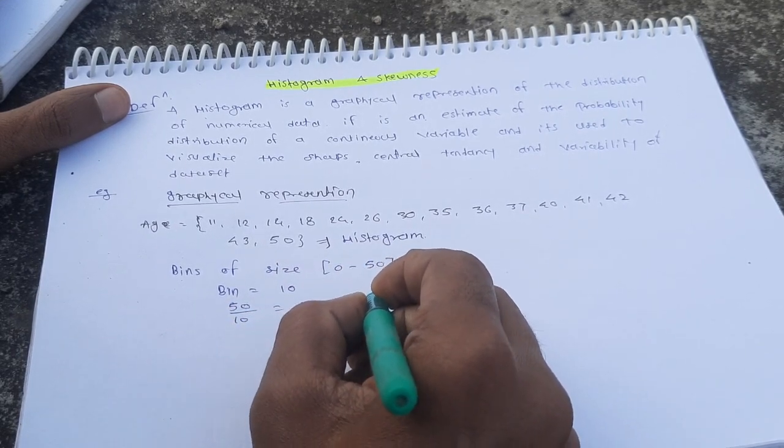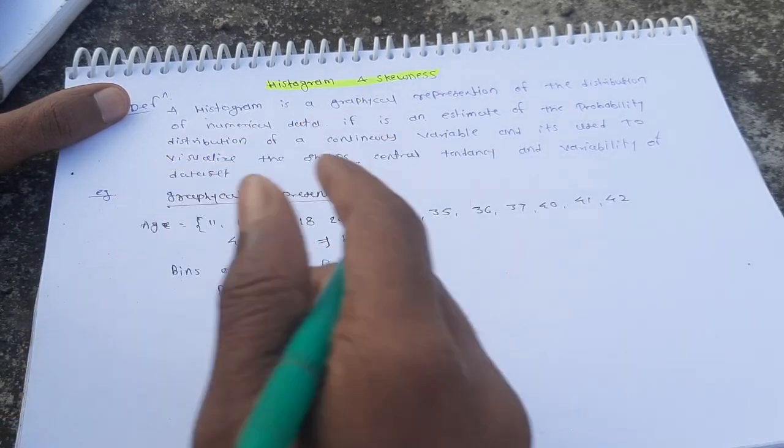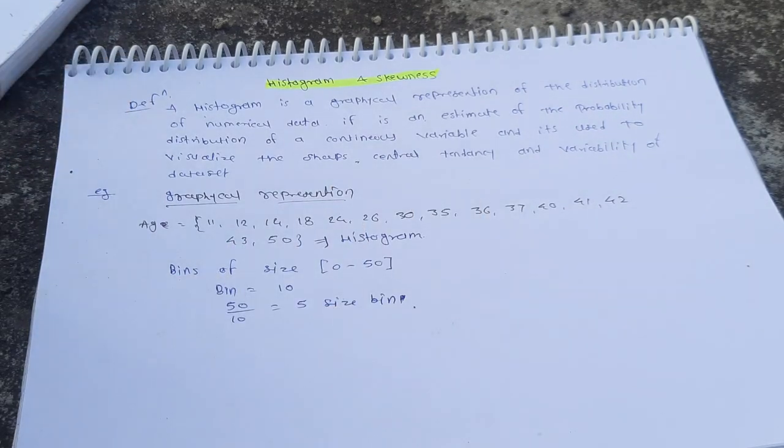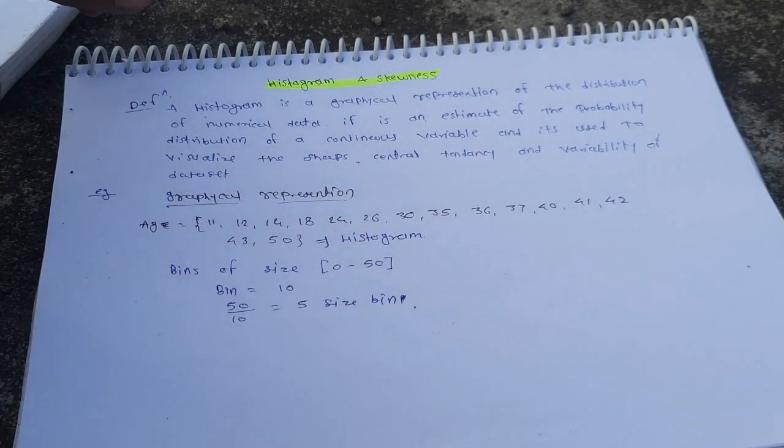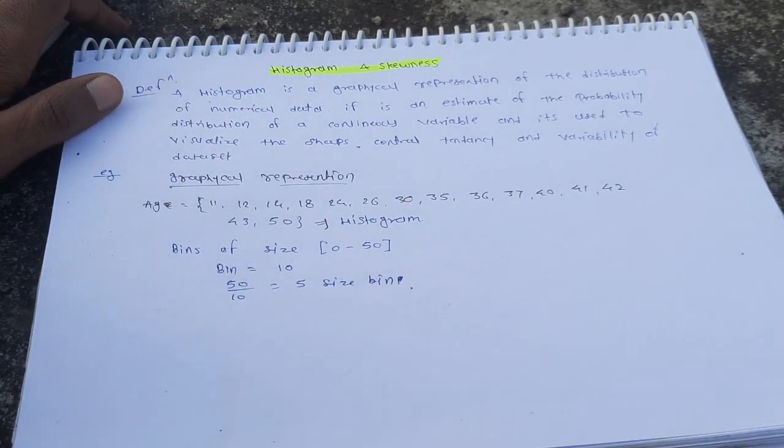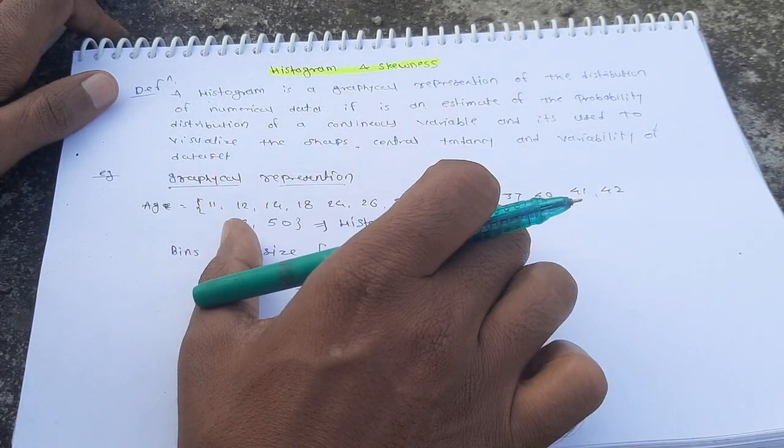This is your bin size, and this is your bin number. So we restart the graph. How does the graph look for that statement?